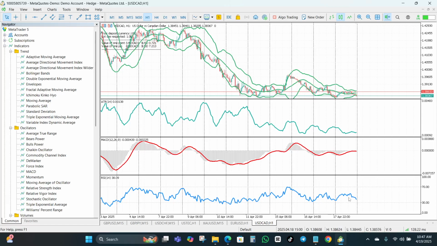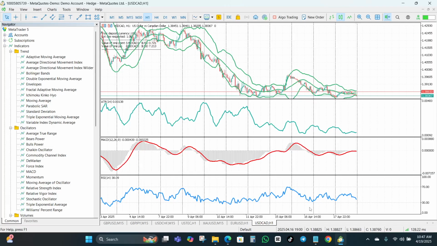Basically, if the RSI crosses above 70, the asset may be overbought. Then if it crosses below 30, the asset may be oversold. RSI is also excellent for spotting divergences between price and momentum. And that can signal reversals before they happen.